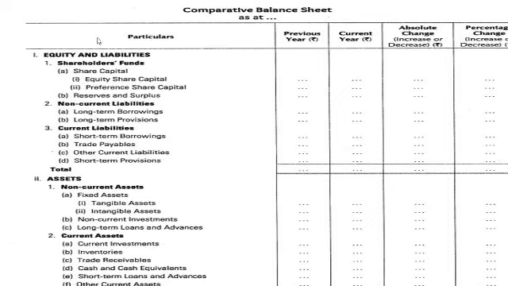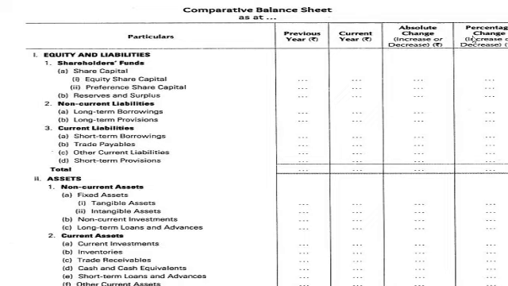Here on the liability side you write shareholders fund, non current liability, current liability. On the asset side you write non current asset and current asset. So here you write the previous year and current year in the second and third column. In the fourth column you write absolute change, increase or decrease.